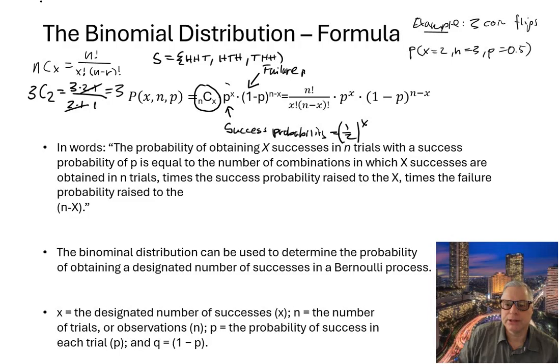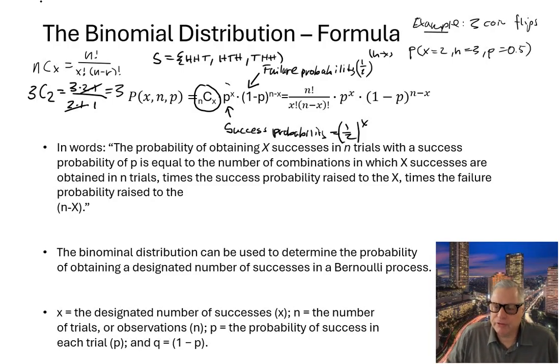So the failure probability is also 1/2, and we raise that to the number of failures, which is n minus x.